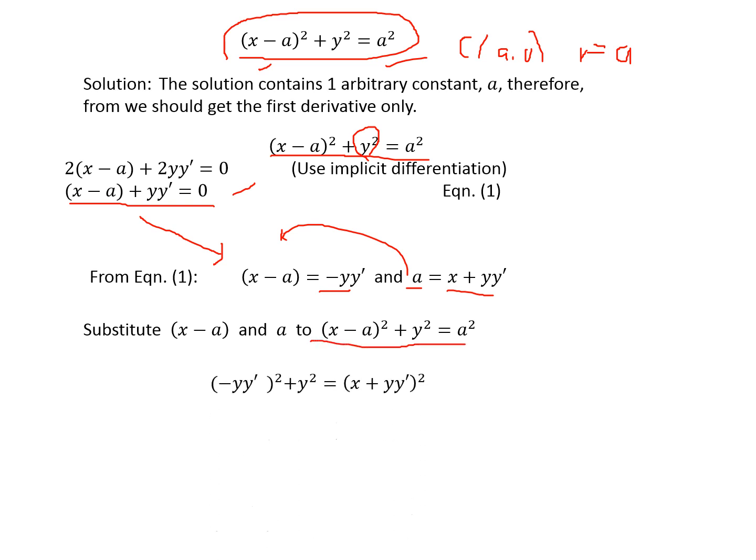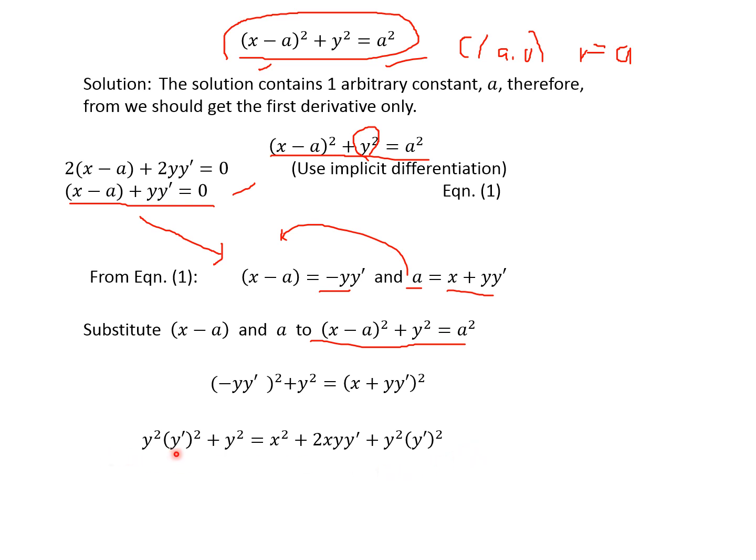What happens is you have negative y y prime, squared, plus y squared, equals a squared, which is x plus y y prime, squared. And then simplify. You have y squared y prime squared plus y squared is x squared plus 2x y y prime plus y squared y prime squared.